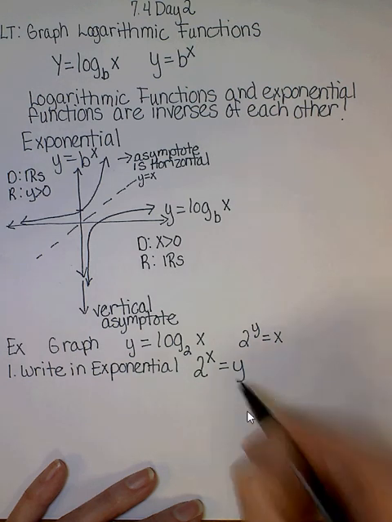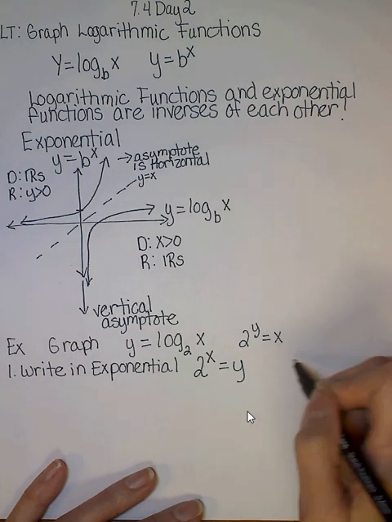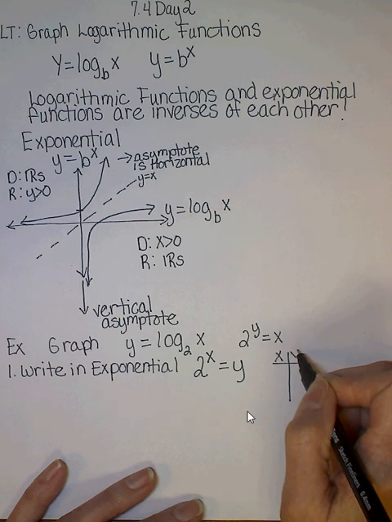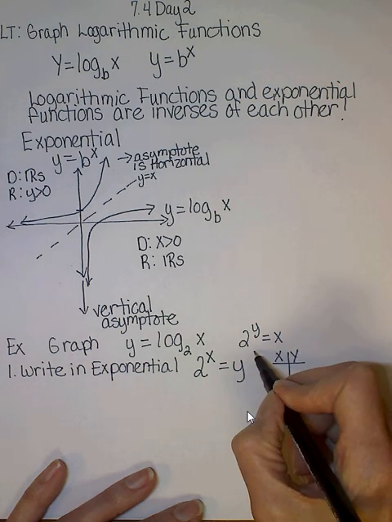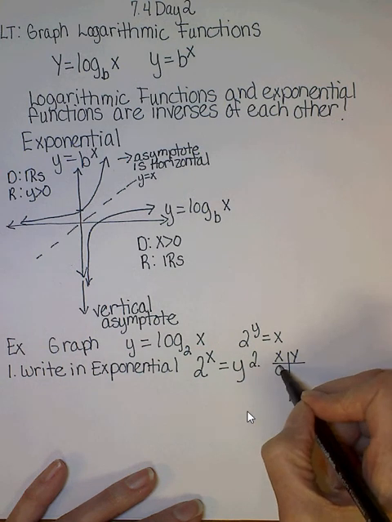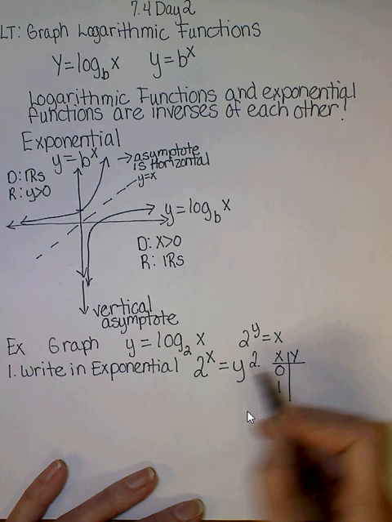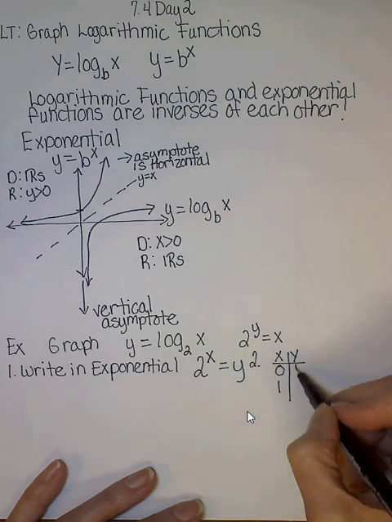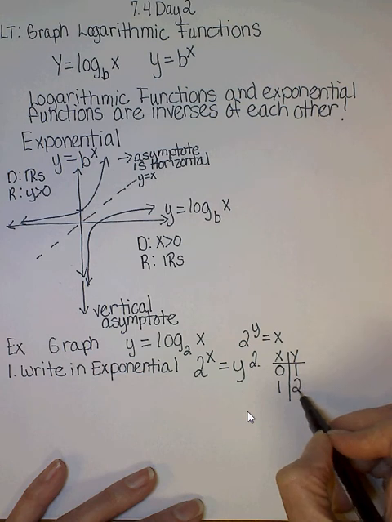Now you have to start with this, so we're going to make an xy table for this exponential function. So this will be our second step. Make an xy table, just like we did before with 0 and 1. So we're plugging into the exponential form now. 2 to the 0 power is 1, and 2 to the first power is 2.